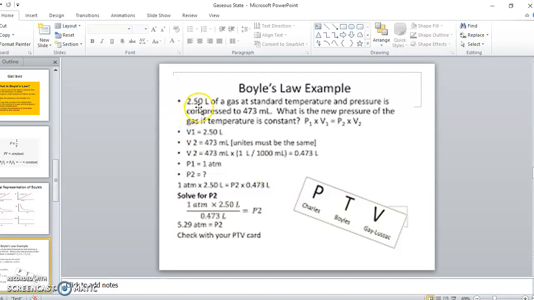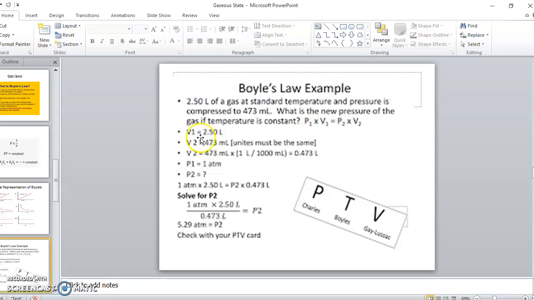Now here we'll discuss Boyle's law with an example. You have 2.5 liter of a gas at standard temperature and pressure compressed to 473 milliliter. What is the new pressure of the gas if temperature is constant? Since the temperature is constant and a fixed amount of gas is there, we can make use of Boyle's law. The expression is P1 V1 = P2 V2.